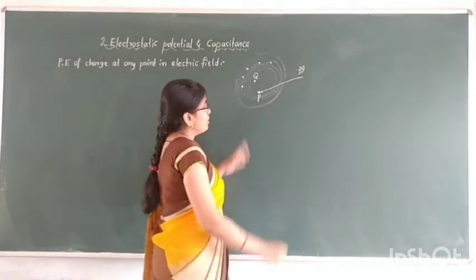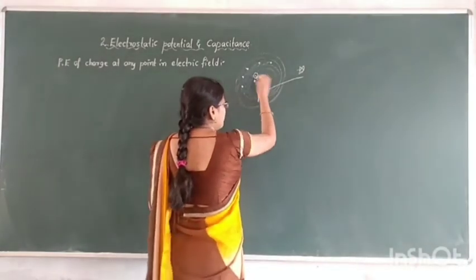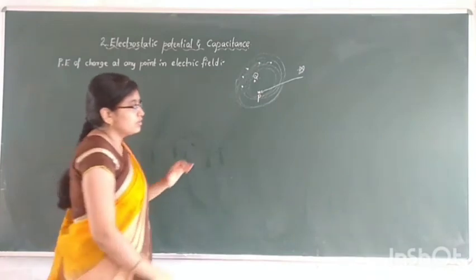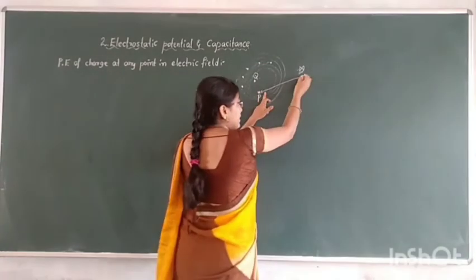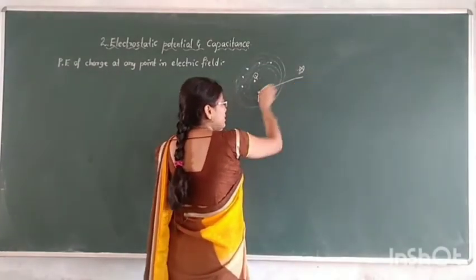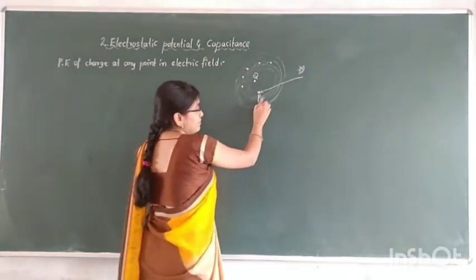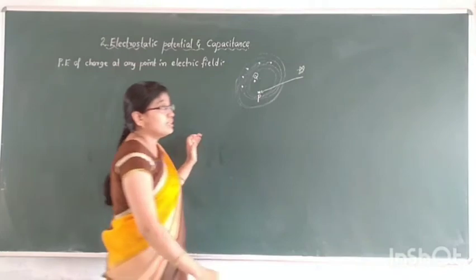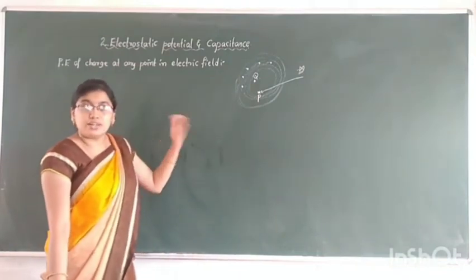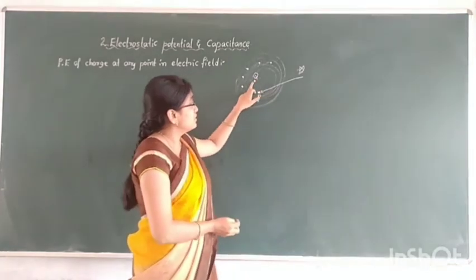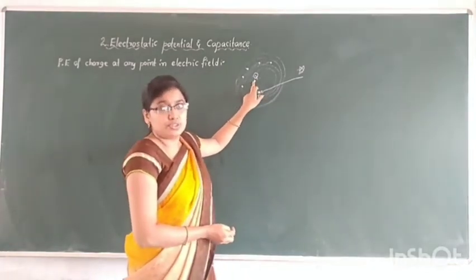Because around point P, the electrostatic field is there. So while bringing this unit positive charge from infinity to point P, work is to be done against the electrostatic force.